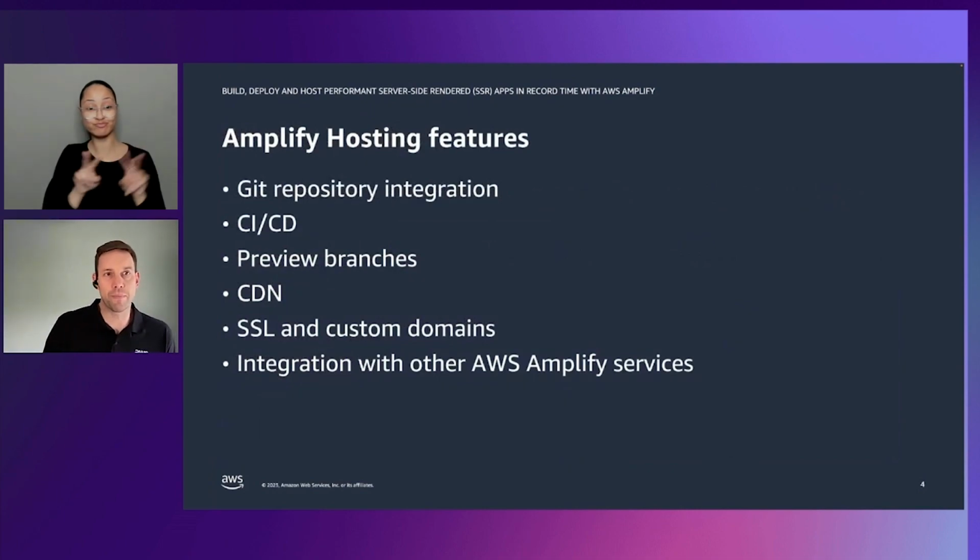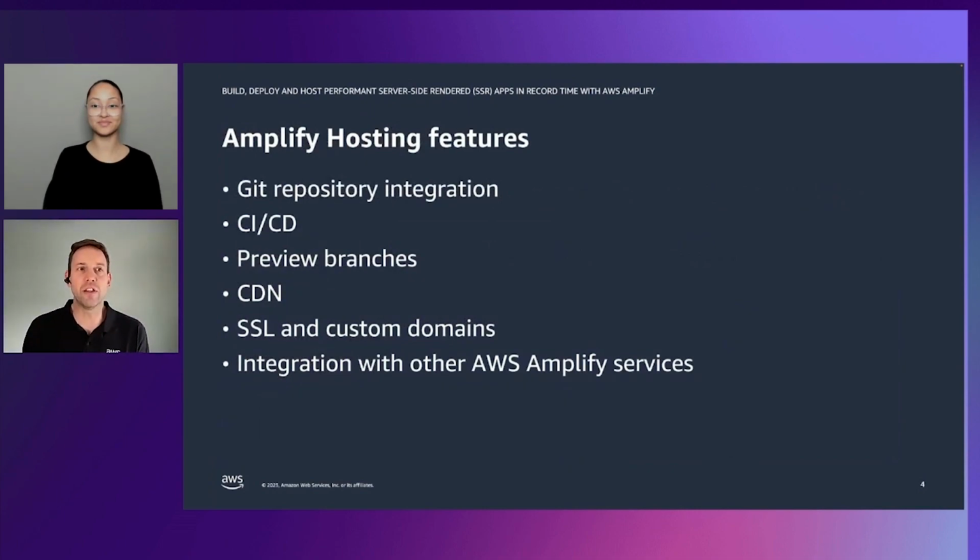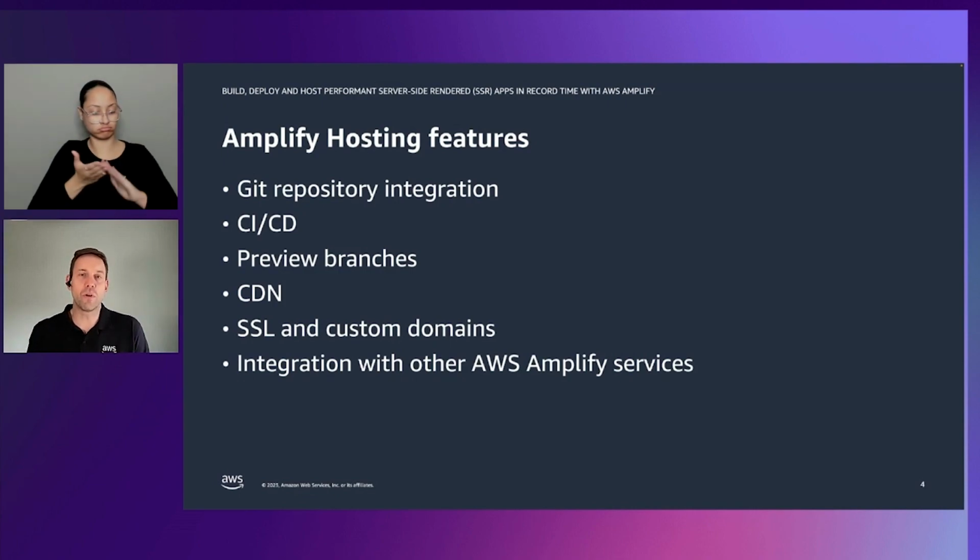So the core of Amplify Hosting is that you store your application code into a Git repo. And then every commit that you make to that Git repo results in a CI/CD process. That's continuous integration, continuous delivery process that will run tests on your code and then show the change in a preview environment.